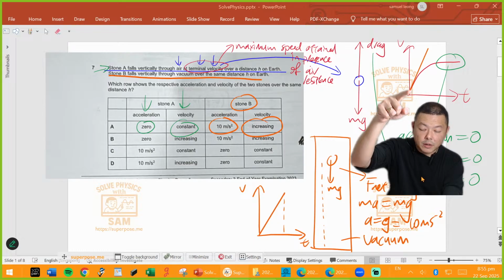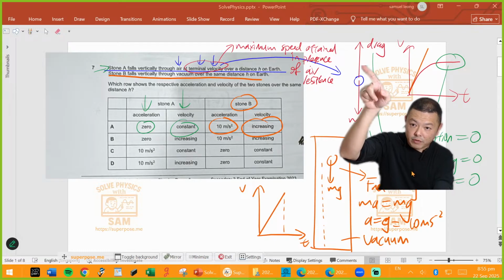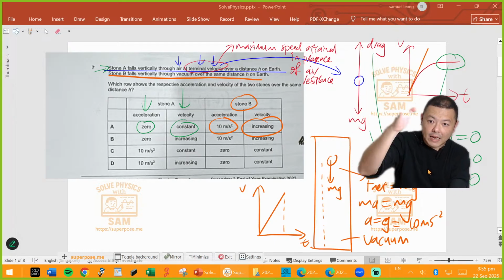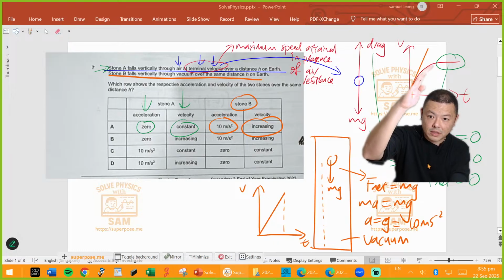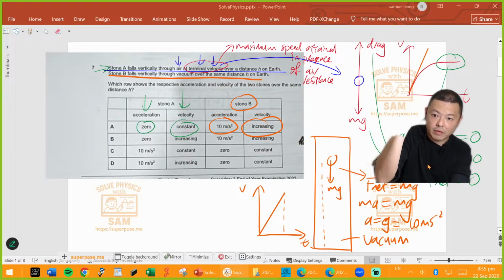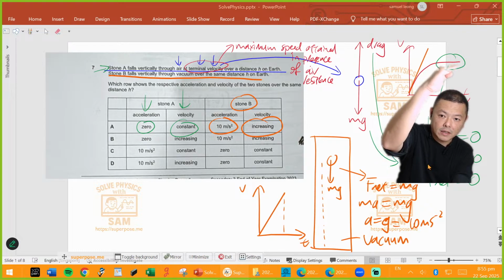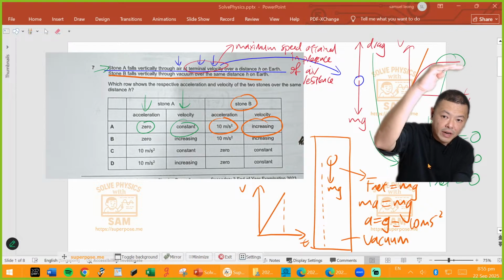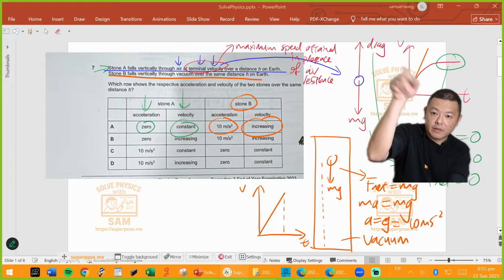So stone A starts off with g as well, because there's no air resistance at the start. As it keeps on falling, the drag gets more and more, then the graph starts to steer away from that line, from the gradient of 10 meters per second squared, like this.